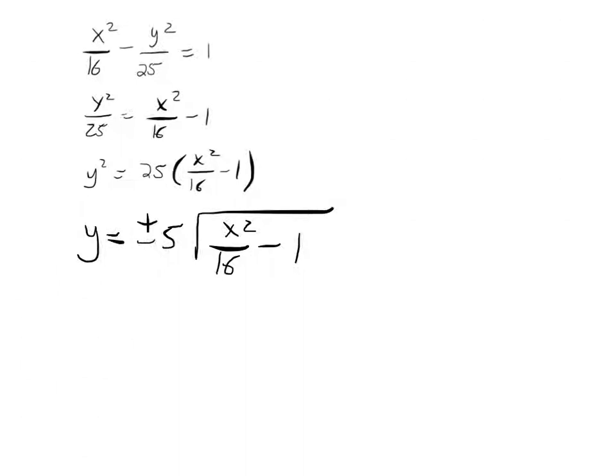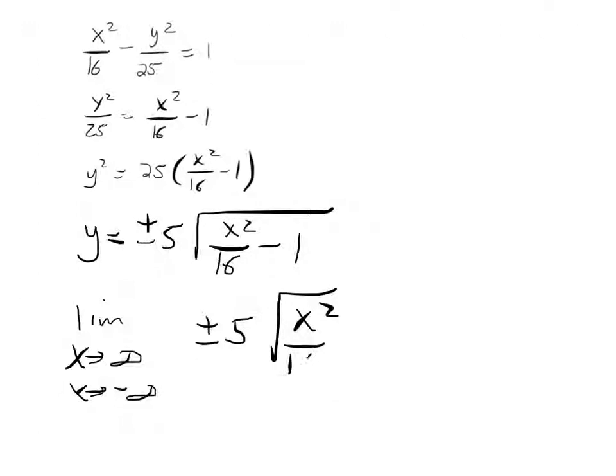So basically, for large numbers, we could say as x heads toward infinity or x heads down to negative infinity, y is going to be approximately plus or minus 5 times roughly the square root of x squared over 16, because that 1 really isn't going to have much of an influence.